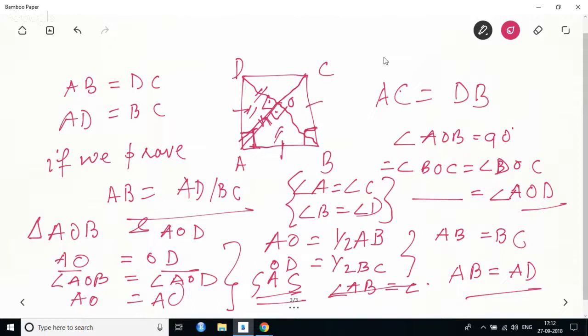Now, how do I prove that this is 90°? So, now look here. Guys, now see, this side and this side are equal. Now let me make a new diagram for you on the next page.